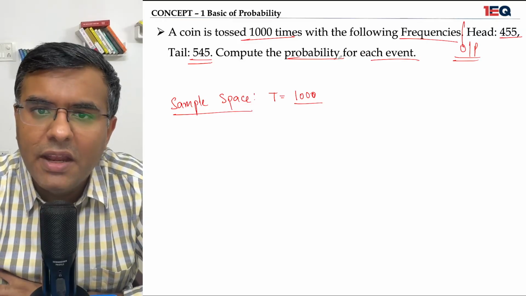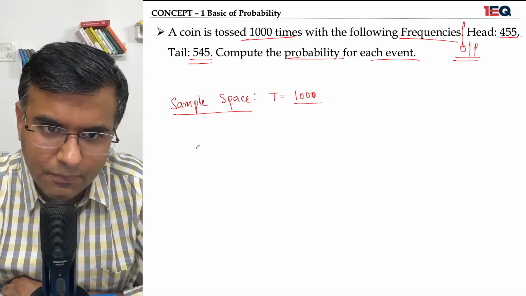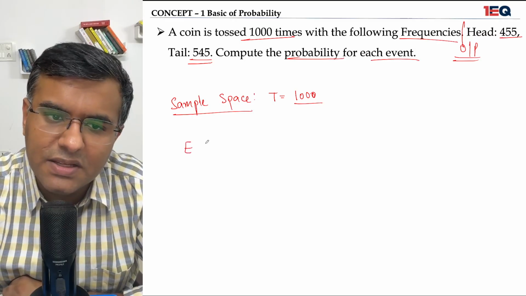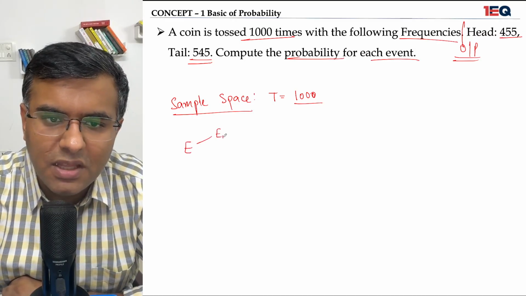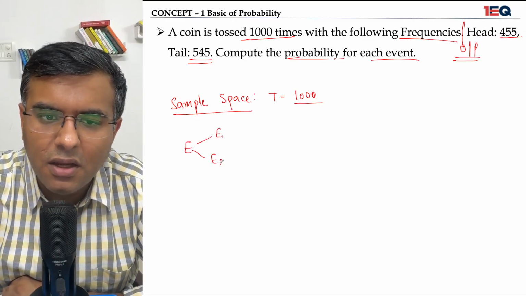Further, I need to compute the probability for each event. There are two events that are taking place: the first event being E1 and the second event being E2.